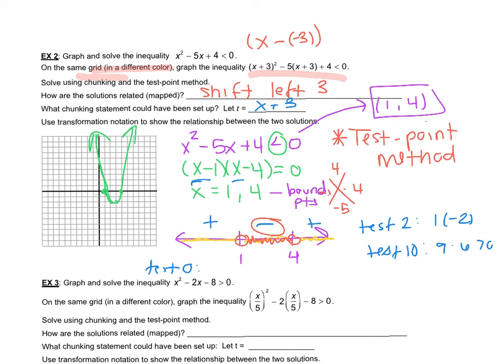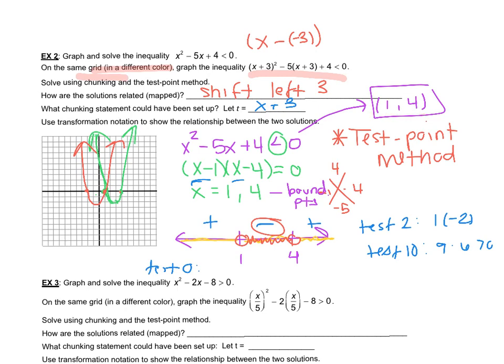Now, graphing this new one, shifting left 3, 1, 2, 3, 1, 2, 3. So this would give me a new parabola, and because I know that the transformation rule itself is shift left 3, I can just take this solution and subtract 3.